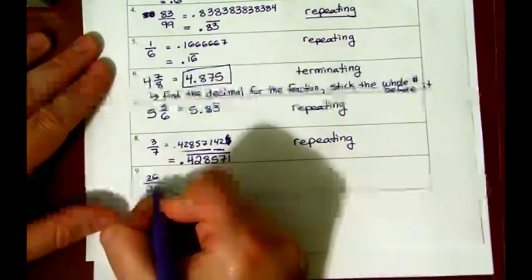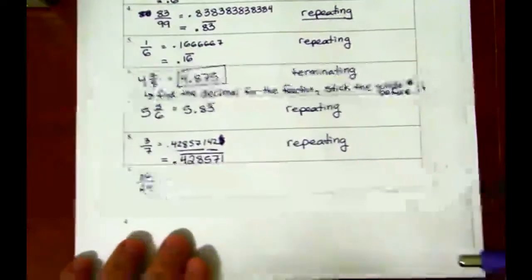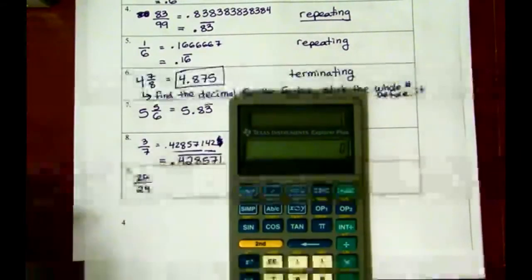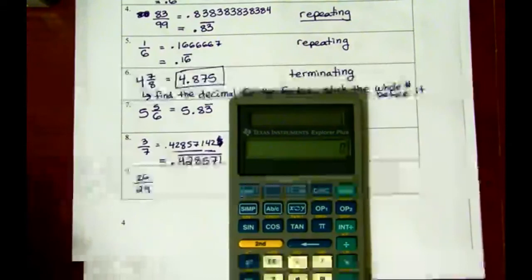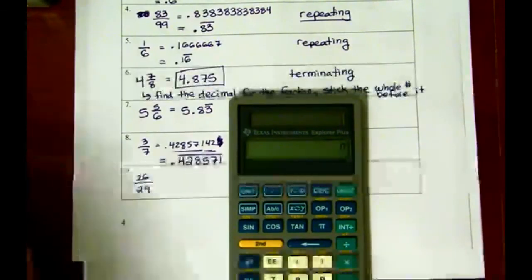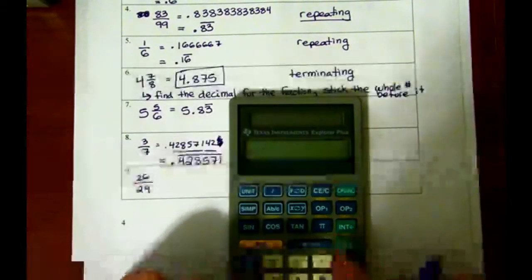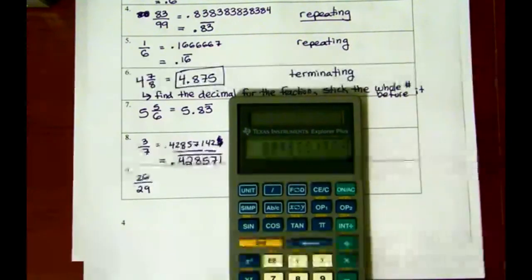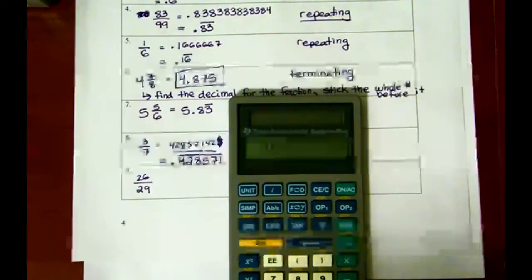Let's see here. 26. Go to your calculator. Let's get a decimal for that. 26 divided by 29. Ew. This doesn't look terminating.